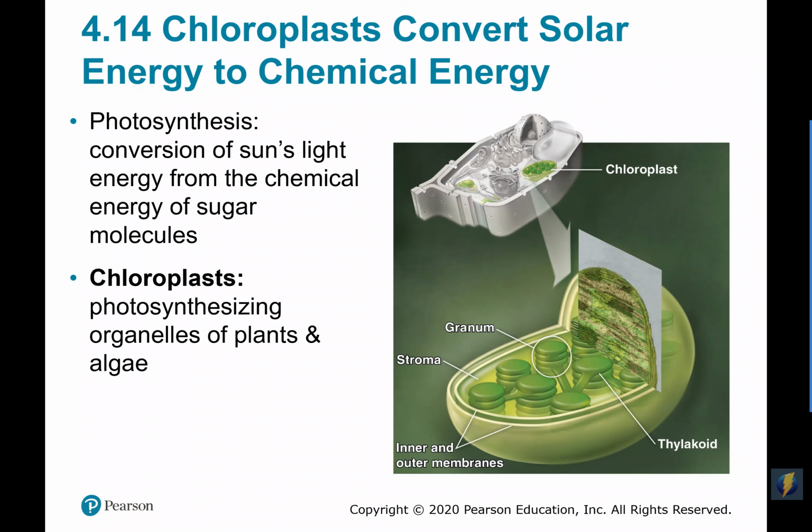They don't have to ingest food like we do. They also have a specific structure. They've got two membranes as well, and then they have little stacks of grana and thylakoids, almost like little stacks of poker chips inside the two membranes of the chloroplast. At least that's what they look like to me, little poker chips.